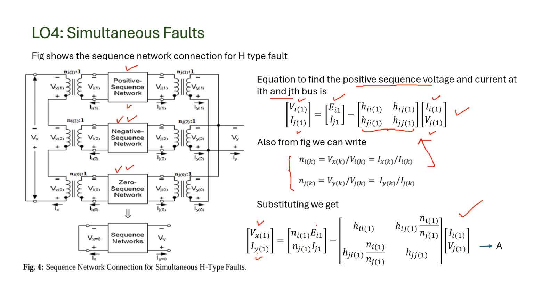And similarly this is the pre-fault voltage at the ith bus, and this is the pre-fault current at the jth bus, and the H parameters get modified in this way. Here we have the positive sequence voltage and current, Ix1 and Vy1.